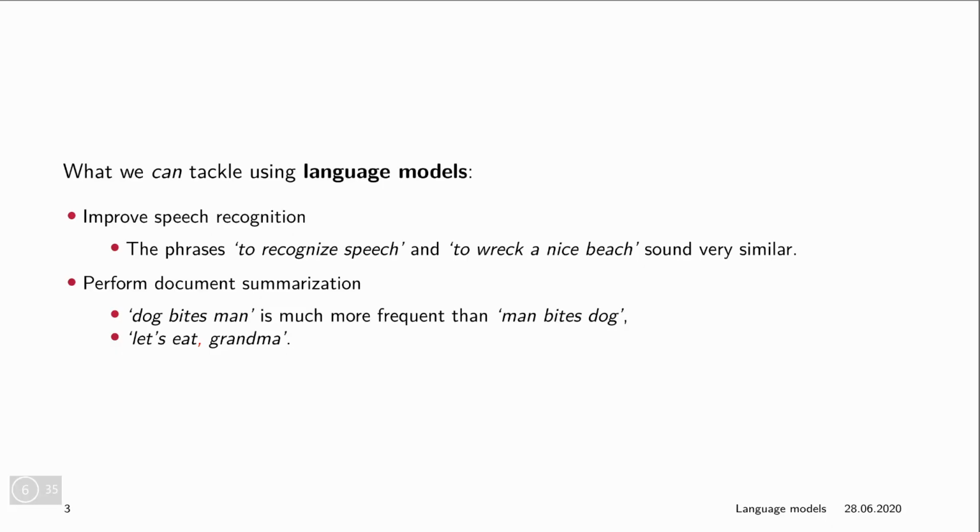We could, for example, use them in order to improve a speech recognition system. Say you have a system that takes a voice sample and outputs a sequence of words. Of course, there are several proper word sequences that are different but sound very similar. For example, "to recognize speech" and "to wreck a nice beach" sound very similar, and both map to proper words.